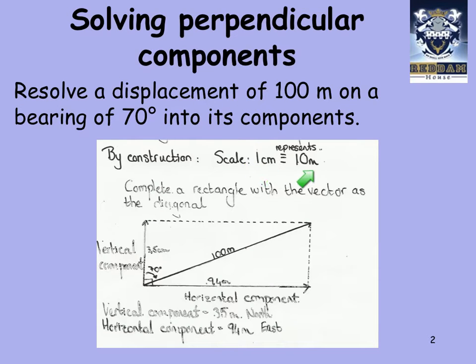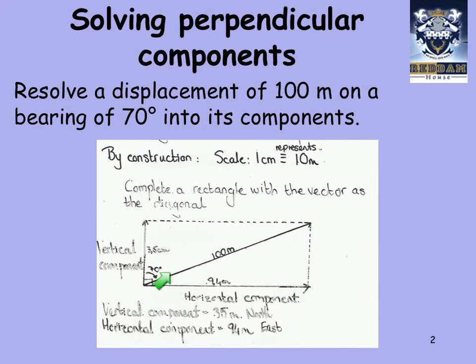Let's say we did this by scale diagram. We could say 1 centimeter represents 10 meters, and then we would draw a 10 centimeter line at an angle of 70 degrees from north. In other words, on a bearing of 70 degrees. We would then complete a parallelogram around that diagonal.